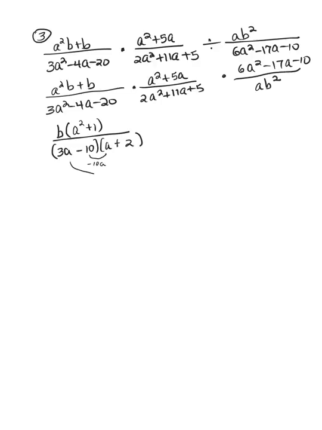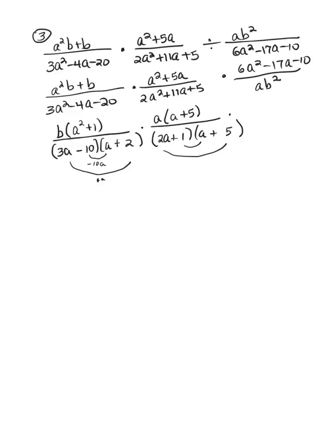Negative 10a plus 6a is negative 4a. Okay, in the second one, we factor out an a, so that's a plus 5. And this one can be factored into 2a and a. And let's see. So 2 factors of 5 that add up to 11 would be 5 and 1, because we have a 1a and a 10a makes 11a.